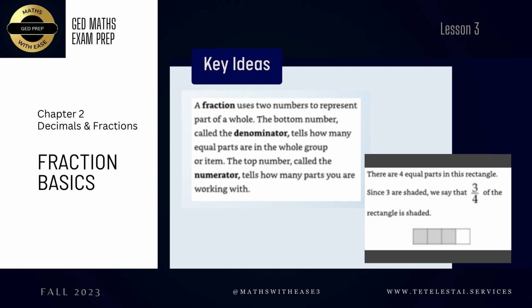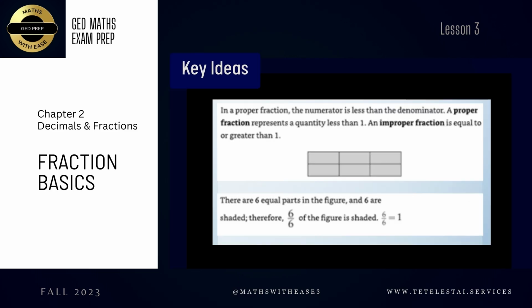In this illustration, we see a rectangle with 4 equal parts, and of the 4 equal parts, 3 of them are shaded in gray. Another way of saying this is that 3 out of 4 parts in this rectangle are shaded.